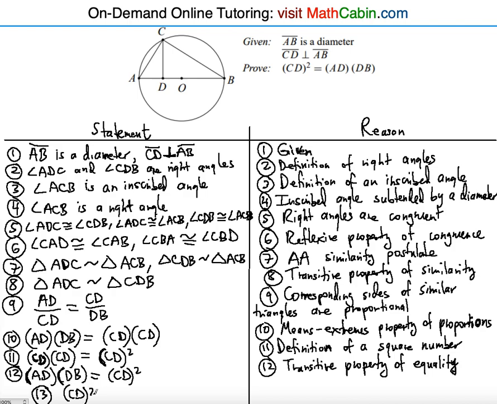CD squared is equal to AD times DB. And the simple reason for that is to simply say this is the symmetric property of equality.